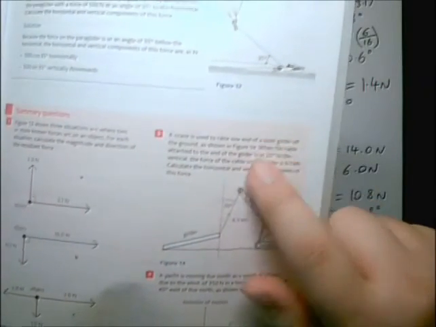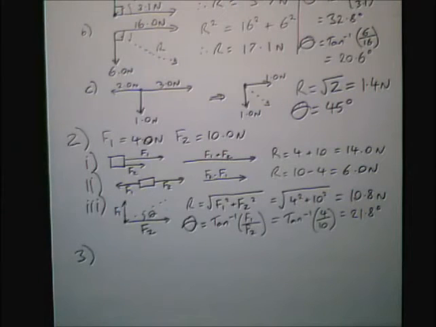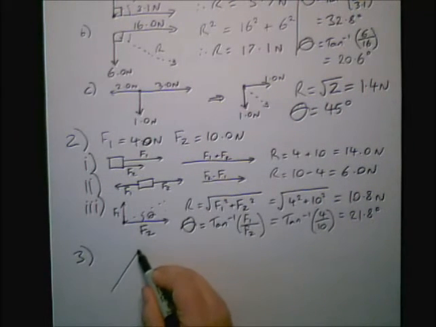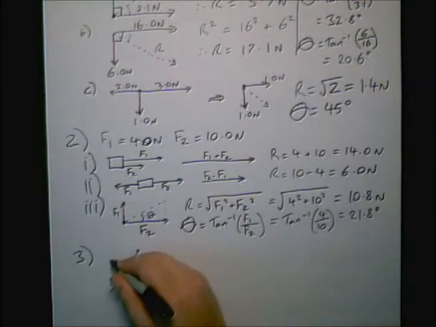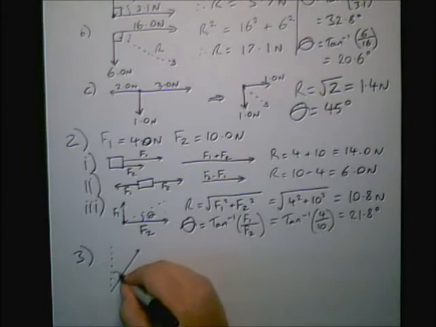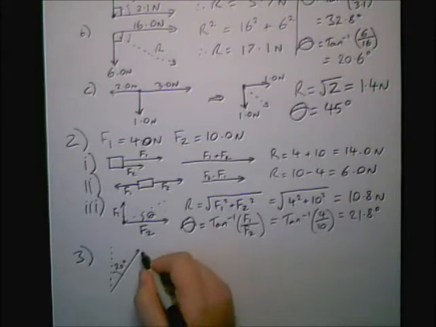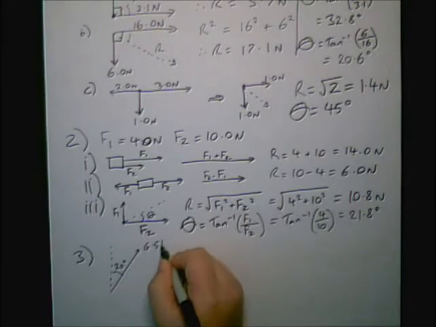So we can ignore this, we can even ignore the girder down there. So we can just redraw that out as a force like this, and we know that to the vertical it forms an angle of 20 degrees and that its value is 6.5 kilonewtons.